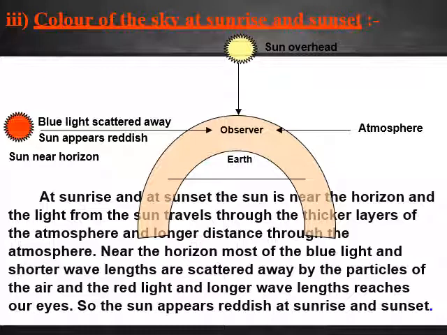At sunrise and sunset, the sun is near the horizon and the light from the sun travels through a thicker layer of atmosphere. Over the longer distance through the atmosphere, most of the blue light and shorter wavelengths are scattered away by the particles of the air, and the red and longer wavelengths reach our eye. So the sun appears reddish at sunrise and sunset.